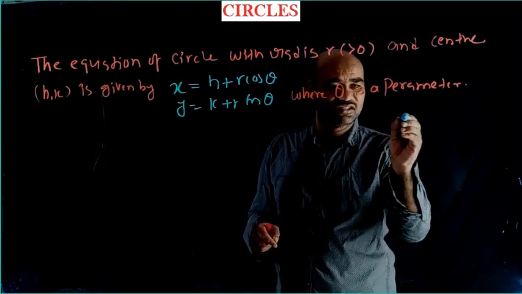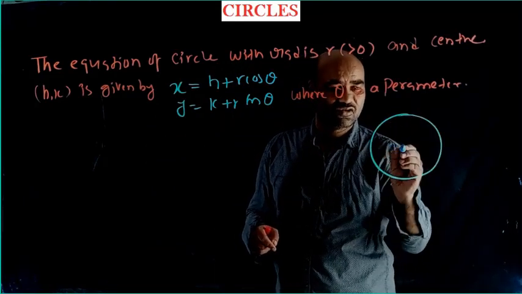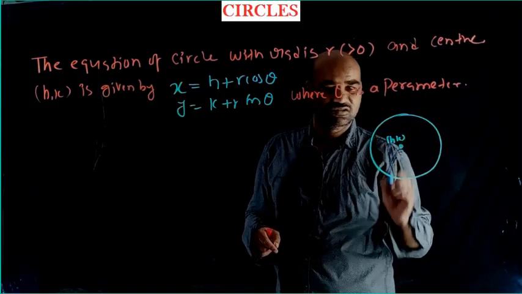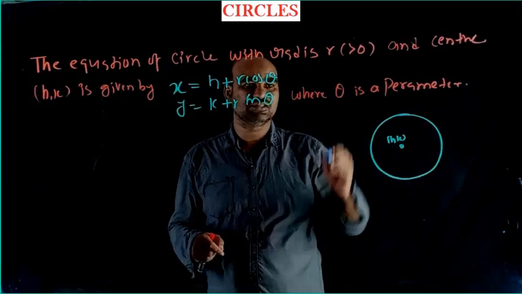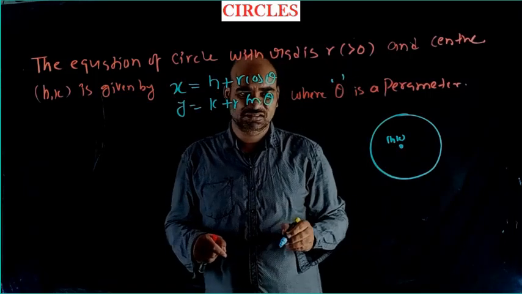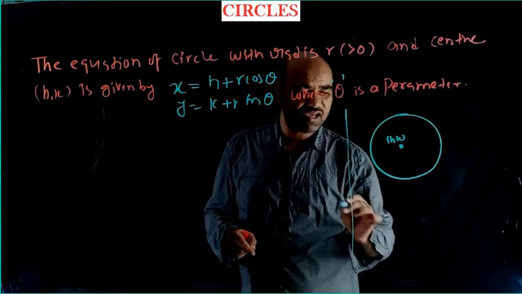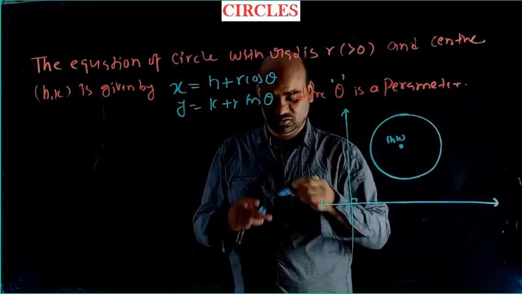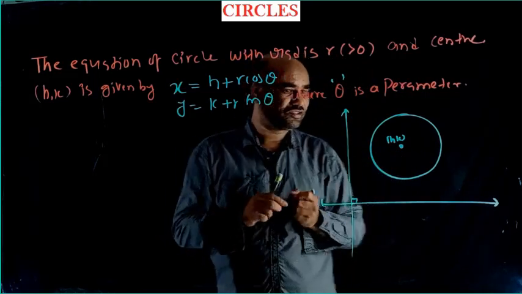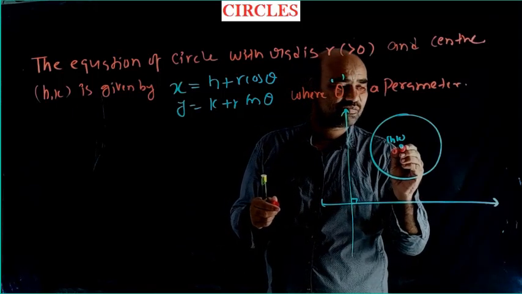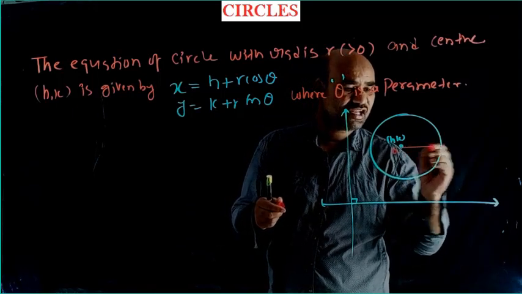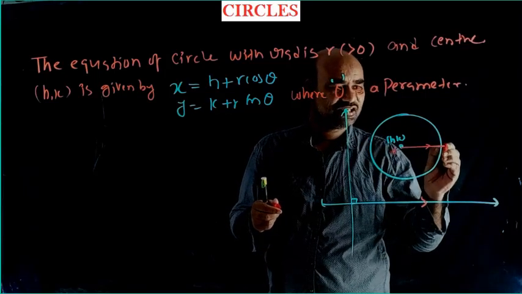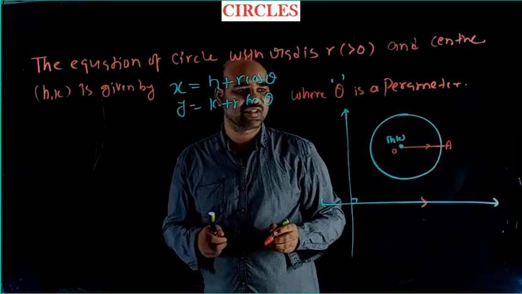Observe here, this is a circle whose center is h comma k. We want to find its equation by using a parameter theta. So this is a y-axis and this is x-axis. Okay, do one thing. From center, draw a line or take a radius which is parallel to the x-axis. Let it be A. Okay.